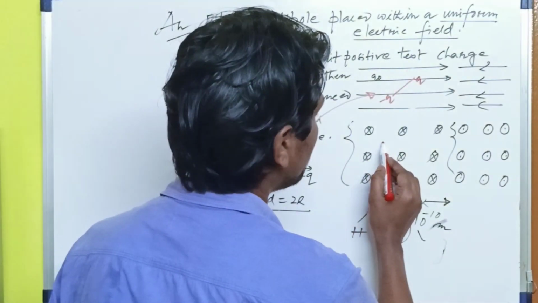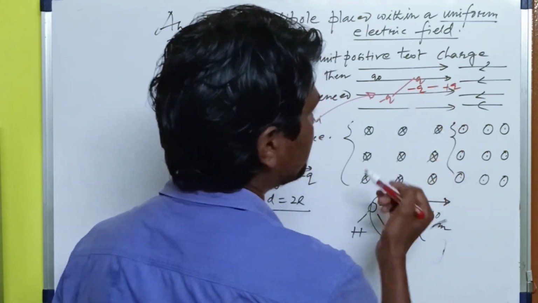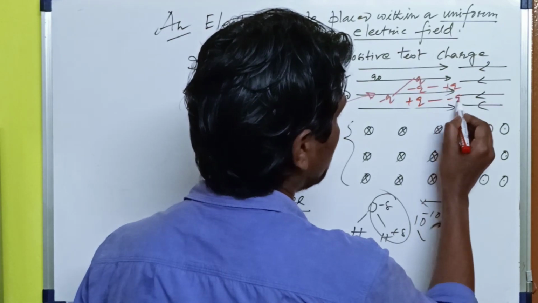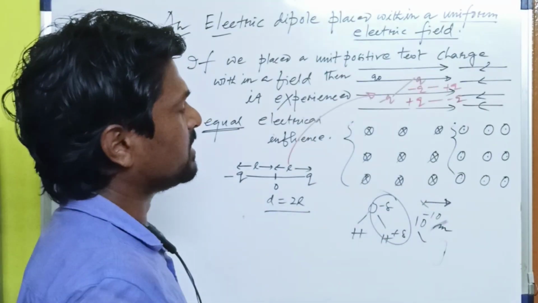You can place it along the line as minus q, plus q, or anti-parallel as plus q, minus q, or at any angle. Then what happens?